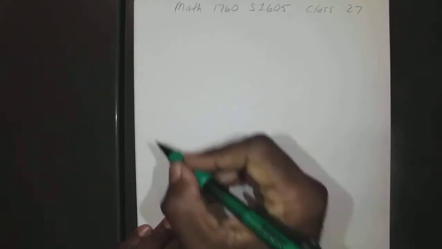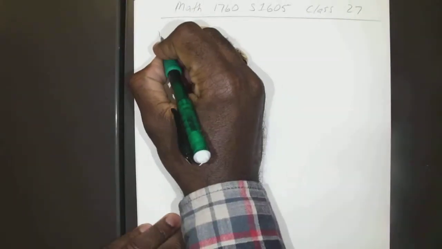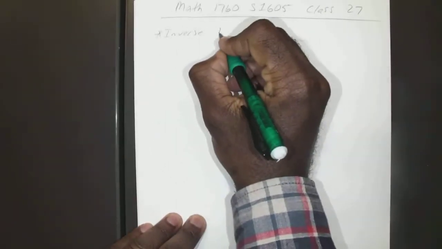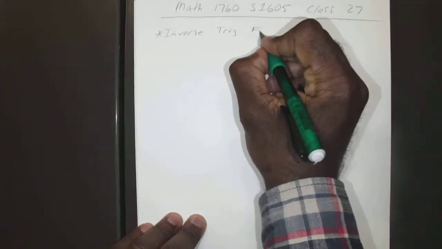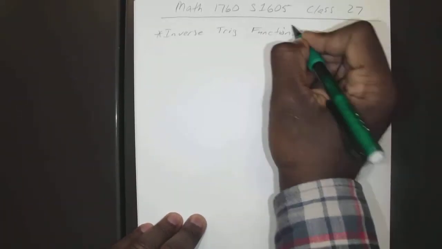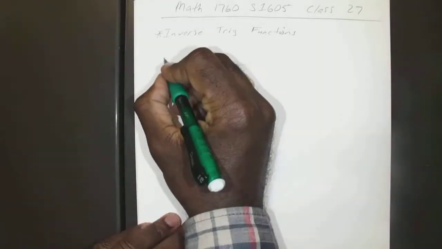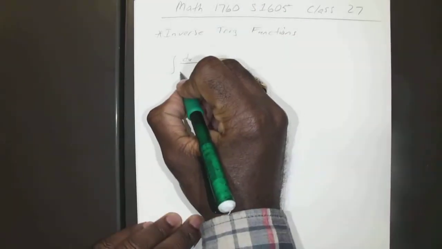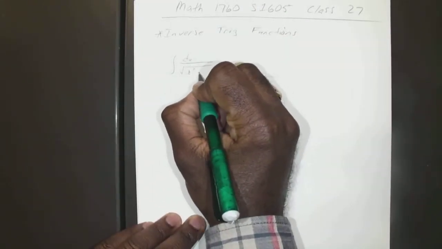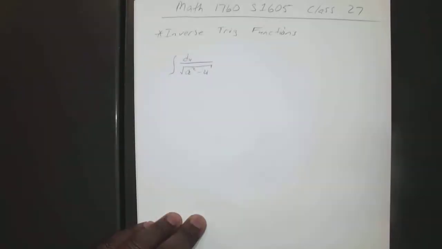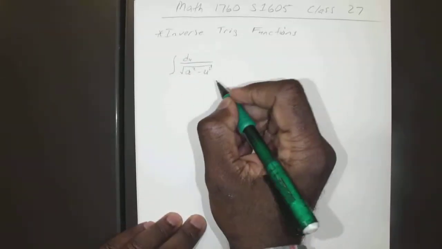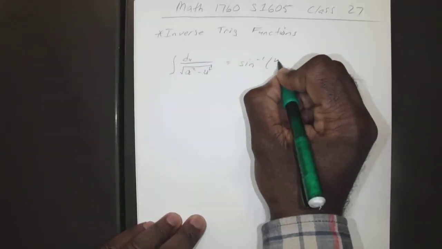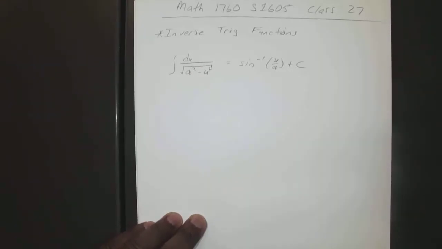Okay, so today we're going to start on the inverse trig functions, which is kind of the same thing we've done before, but we're just changing the x's to u's. So the integral of du over the square root of a squared minus u squared is equal to sine inverse of u over a plus c.